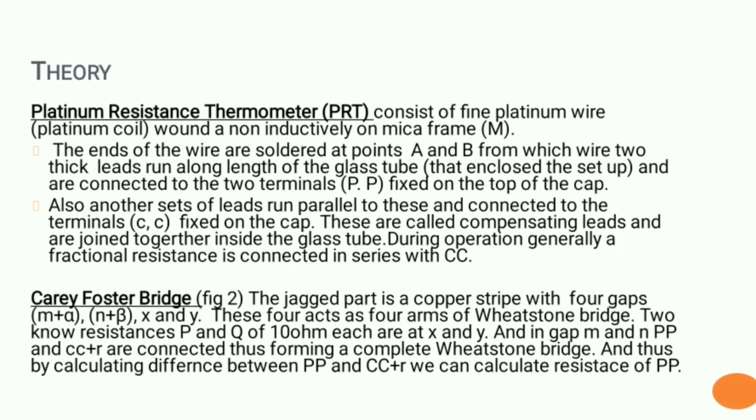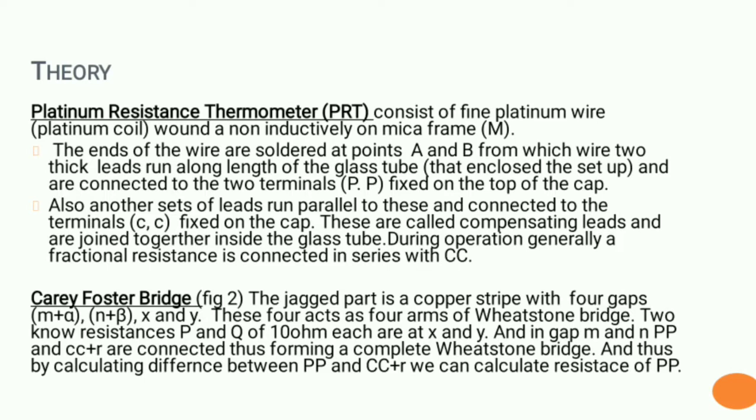Also another set of leads runs parallel to this, connected to the terminals CC fixed on the cap. These are called compensating leads and are joined together inside the glass tube. During operation, generally a fractional resistance is connected in series with CC.